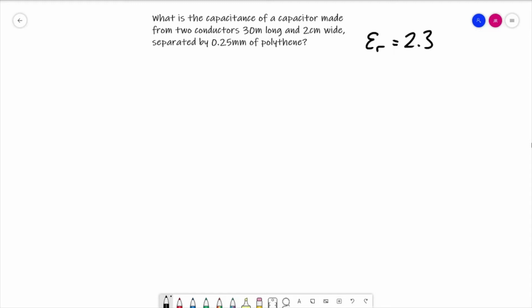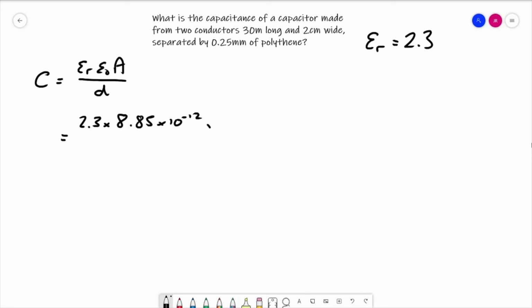So hopefully you found that one relatively easy. So let's do the equation. Epsilon r epsilon naught a over d, and let's just start plugging some numbers in. So epsilon r is 2.3 as given, permittivity of free space 8.85 times 10 to the minus 12.